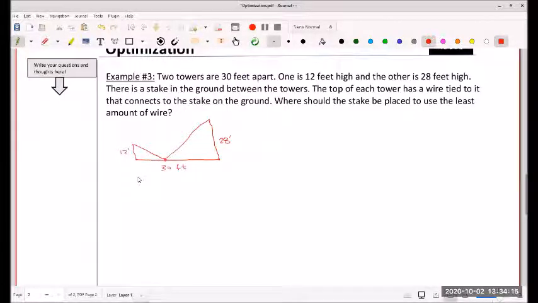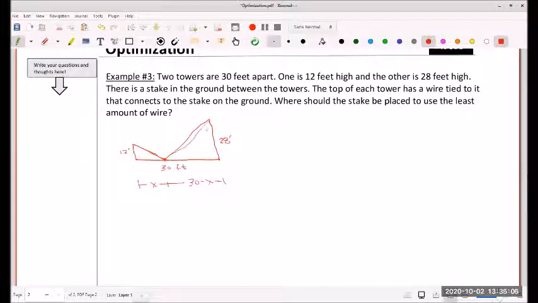Well, let's go ahead and define some variables. We want to know where the stake is placed. So I'm just going to call this distance between the stake and the short tower x. Of course, what that means is that the distance between the stake and the big tower is going to be 30 minus x. So what we want to do is use the least amount of wire, so we need to find the total length of the wire.